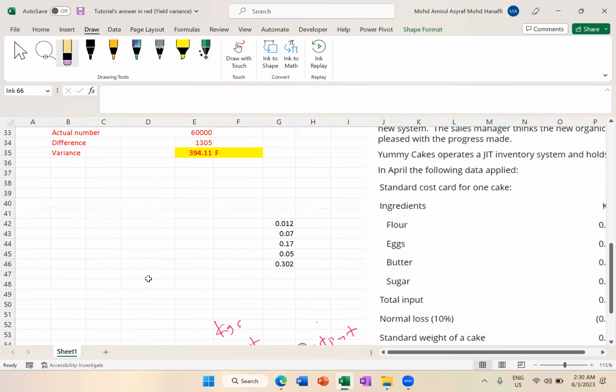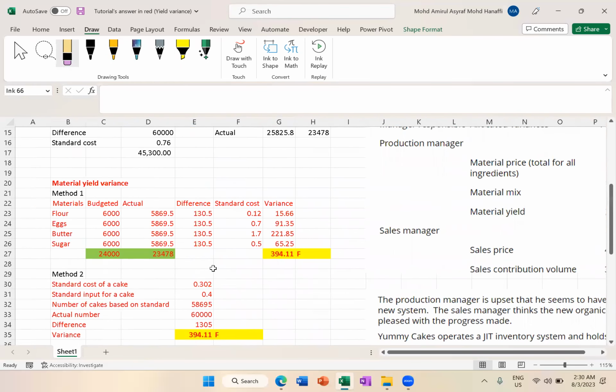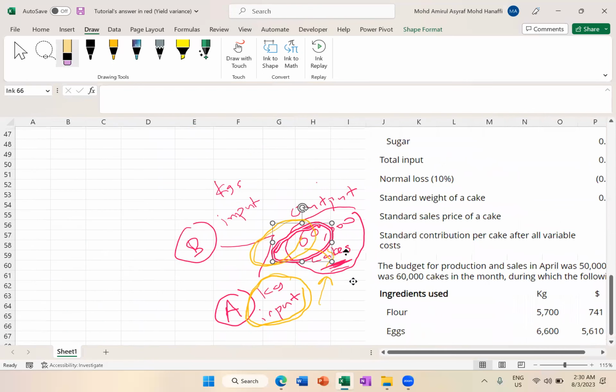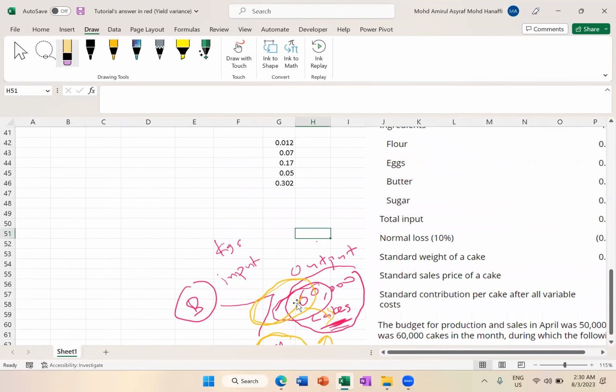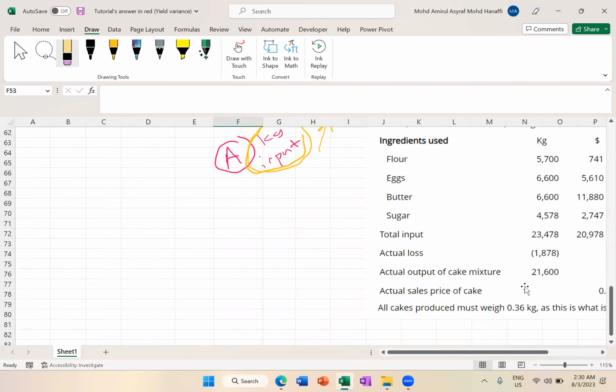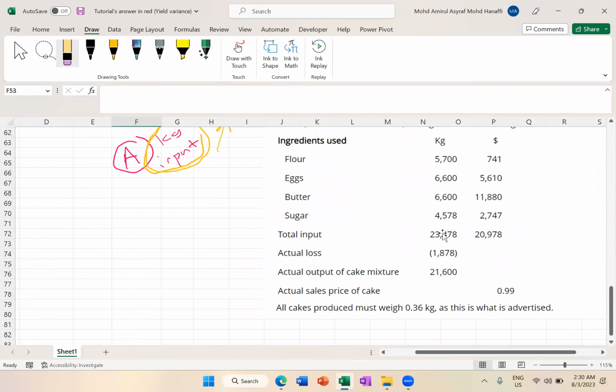So to produce 60,000 cakes, the question has given you the input here, 23,478. Do you need this much input?